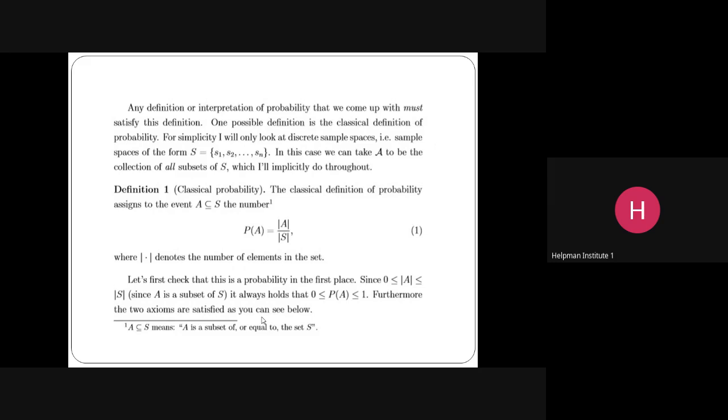That is, 0 is less than or equal to the probability of A, and the probability of A is less than or equal to 1.